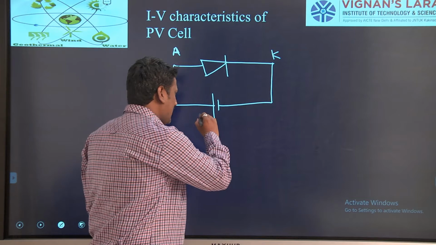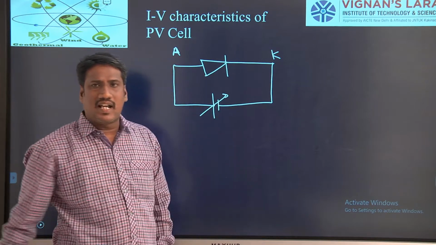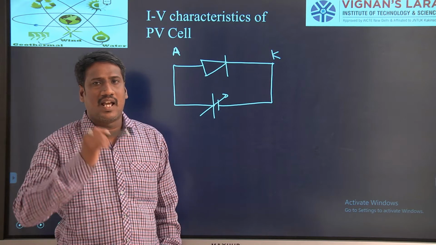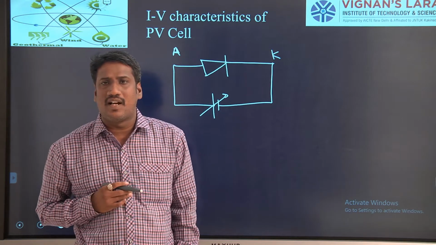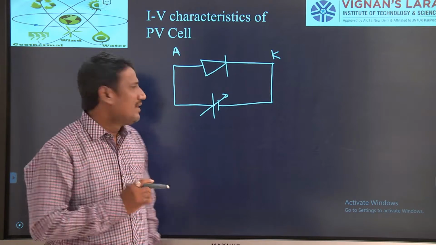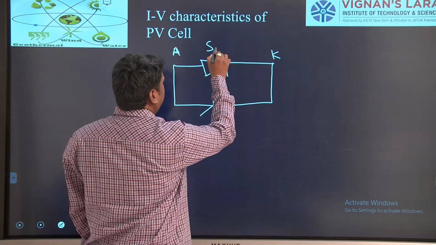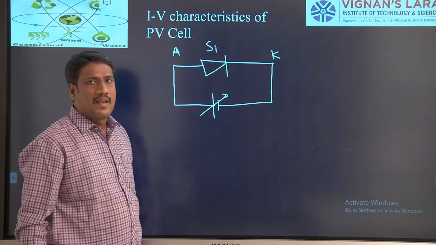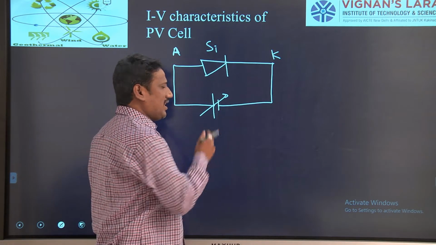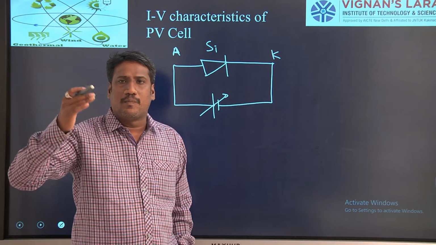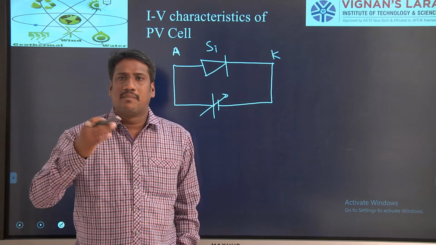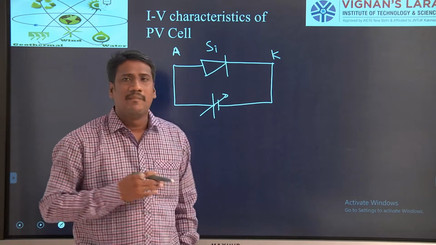Already you know that if you keep on increasing the voltage, for germanium the cut-in voltage will be 0.3 and for silicon the cut-in voltage will be 0.7. Let us say I have considered a silicon diode. If the voltage keeps increasing, 0, 0.1, 0.2, 0.3, 0.4, 0.5, as it is a silicon diode, the cut-in voltage will be 0.7.